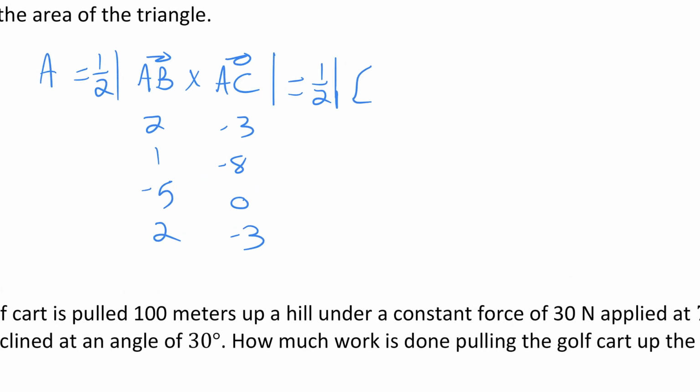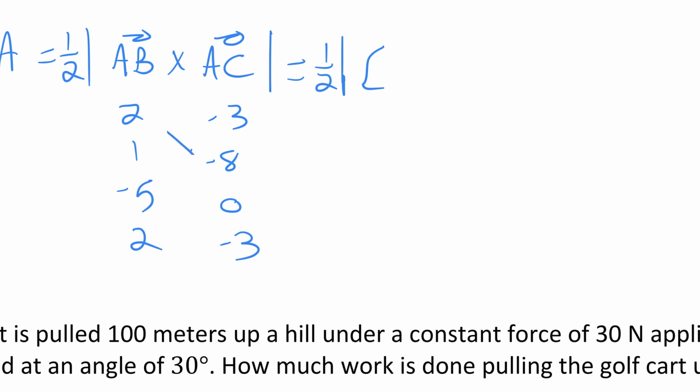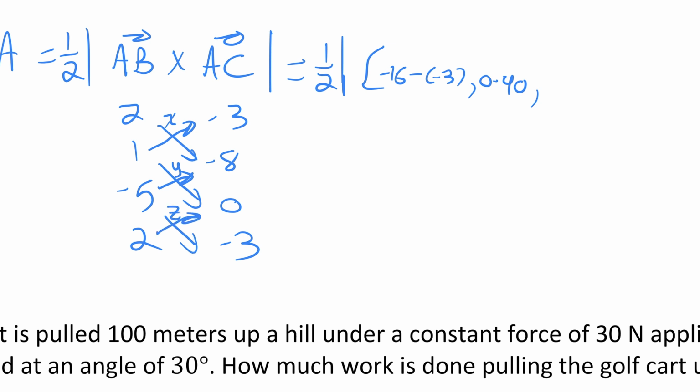And now when I find the cross product, I've got -16 minus -3. I've got 0 minus 40. And I have 15 minus 0.